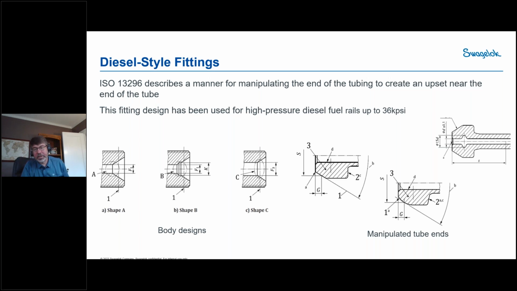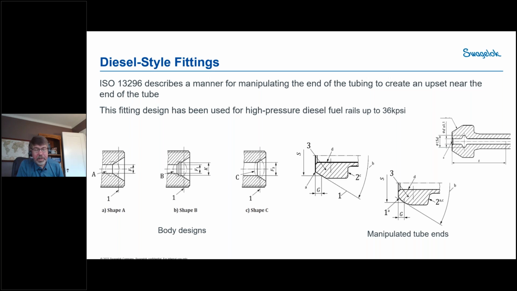Another way to do this, essentially the same type of design, is what we call a diesel style fitting. I've also heard these referred to as flare style fittings, but there's a machined surface that is the body, which I'm showing on the left, and the tubing is actually manipulated into the shape that you see on the right.